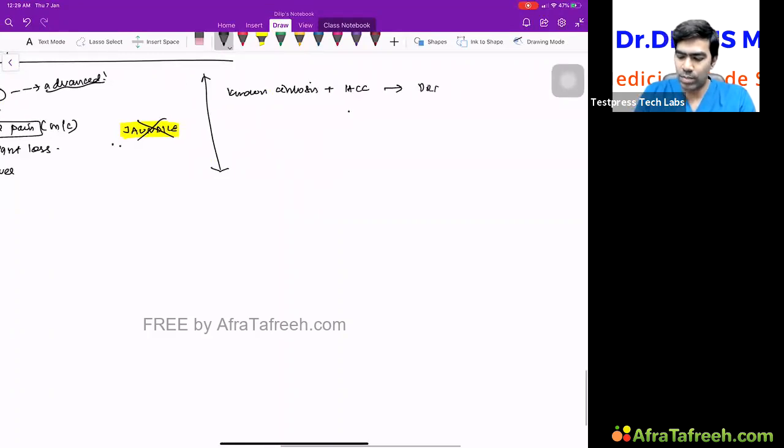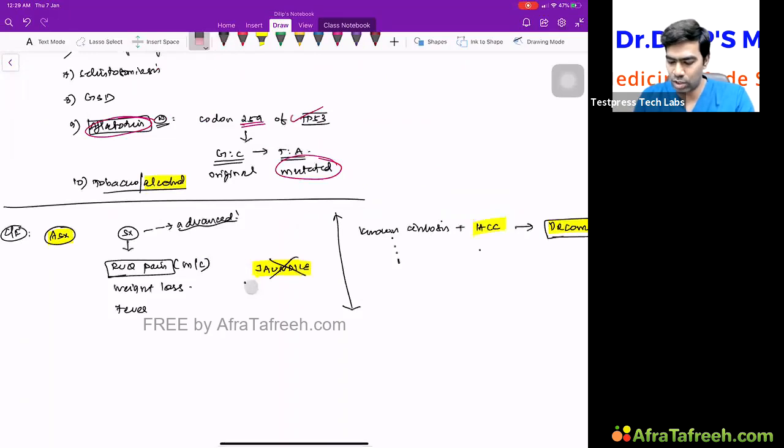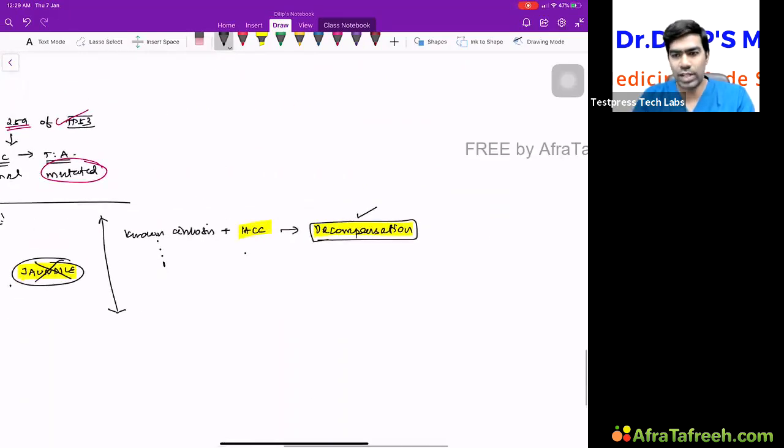Previously it was a compensated cirrhosis; suddenly, if they develop HCC, there is a chance of becoming decompensated. This is a very important point. HCC de novo does not produce jaundice, but HCC along with cirrhosis can produce decompensation. Because of that, the jaundice might worsen.